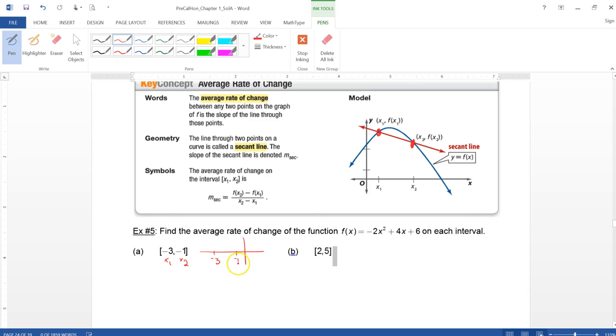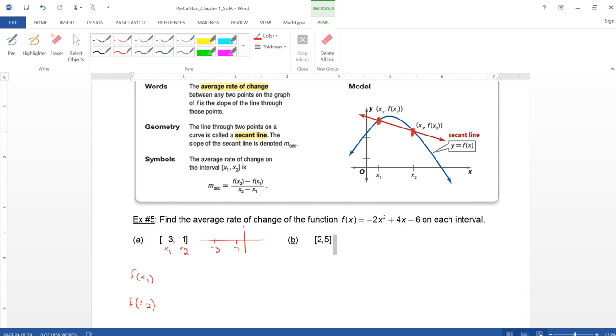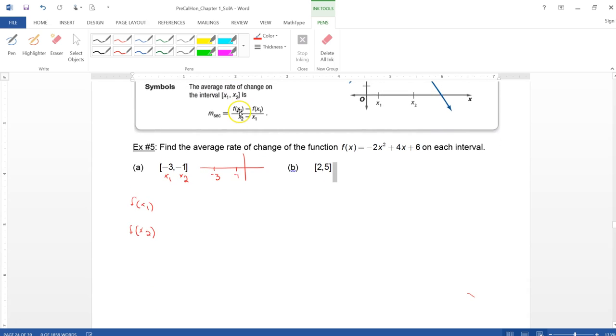What you want to do is find f of x1 and f of x2. What's another word for f of x? y. So f of x1 and f of x2 are y1 and y2, right? If I do y2 minus y1 over x2 minus x1, what have I found? Slope.